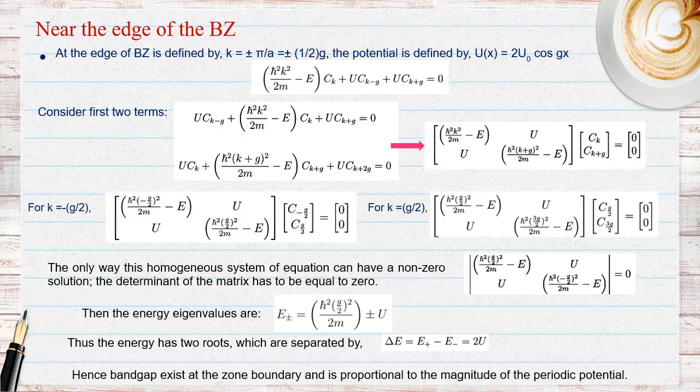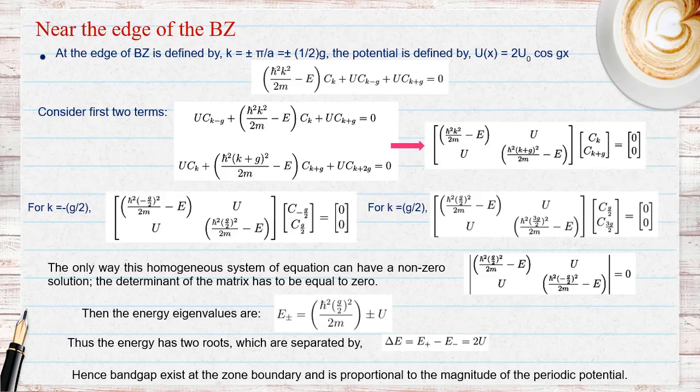We just rearrange this equation so that it is U c_(k minus g) plus (h cross square k square by 2m minus E) times c_k plus U c_(k plus g) is equal to 0. The next term is with k added with g, so the next term will be U c_k plus (h cross square into (k plus g) all square by 2m minus E) times c_(k plus g) plus U c_(k plus 2g) is equal to 0.